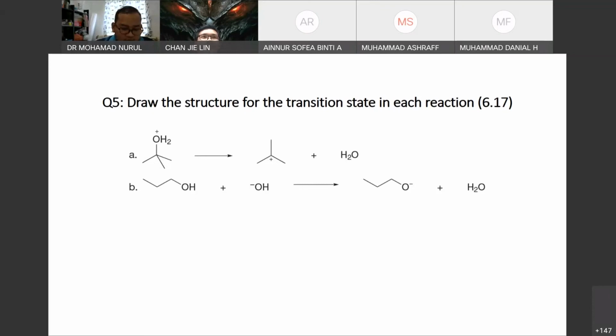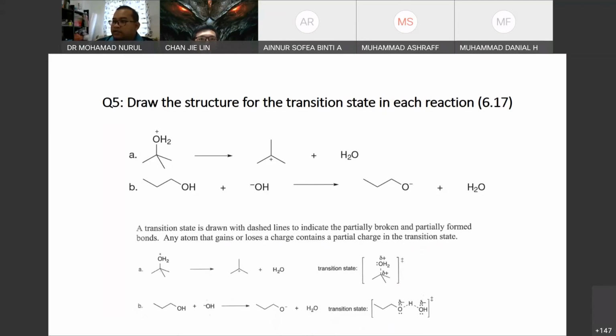Also put it in brackets with the double dagger, which represents the transition state. So this is the transition state for A, and this is the transition state for B. Don't forget brackets, double daggers, and the partial charges.